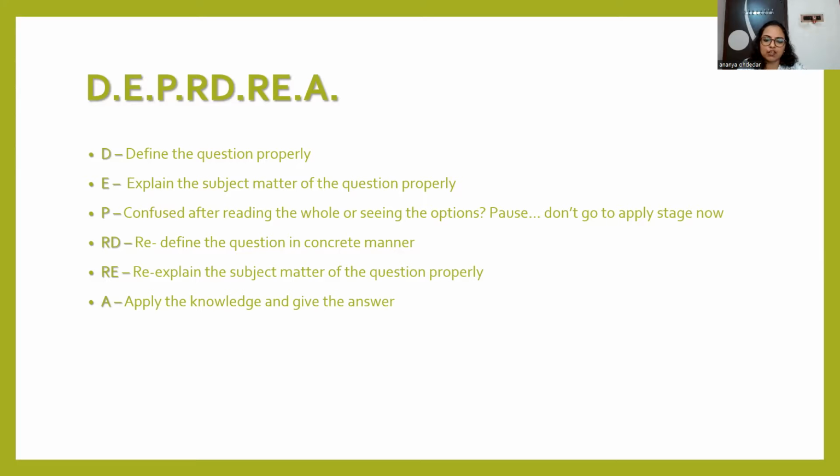Re-explain the subject matter of the question properly. Again go through the explanation. You have redefined the question, so you have a little more knowledge than the previous time of defining. Now re-explain the subject matter in the light of that and do the proper explanation from your knowledge in your mind. Then come to A, that is apply the knowledge and give the answer.